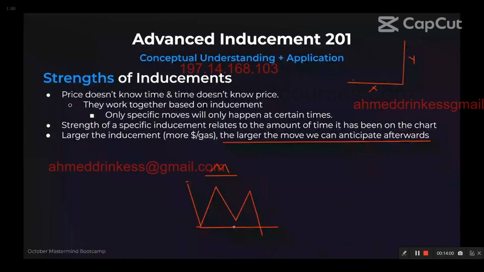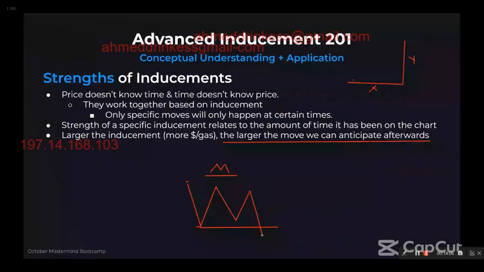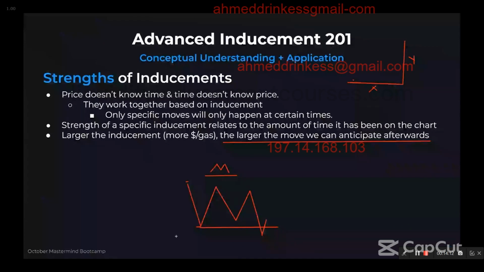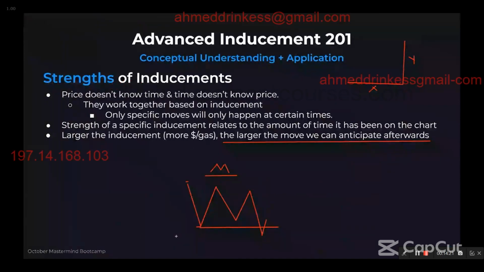What happened on GU is the inducement was collected, and then almost immediately, a day or 2 days after, price continued and proceeded 500-600 pips. Those are the two things required for price to go anywhere: an order block strong enough to take price there, and enough liquidity before the order block to cause the gas to go to that destination.